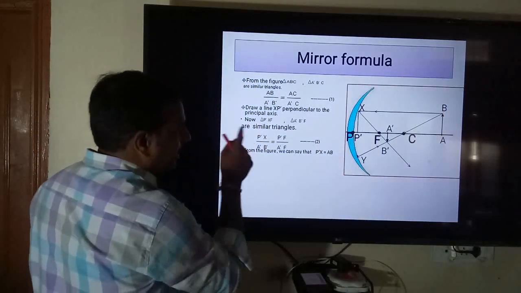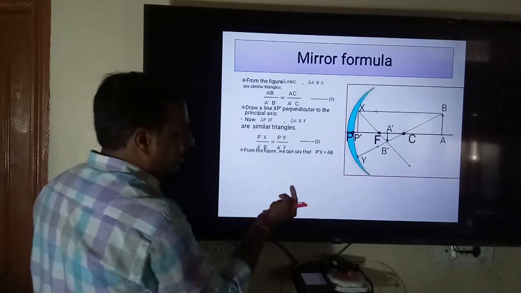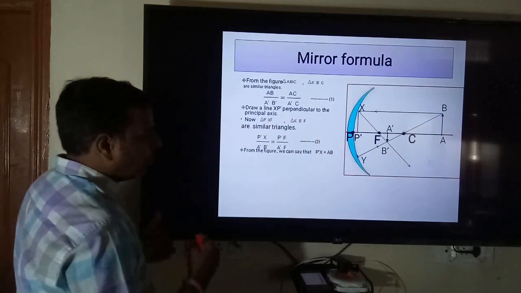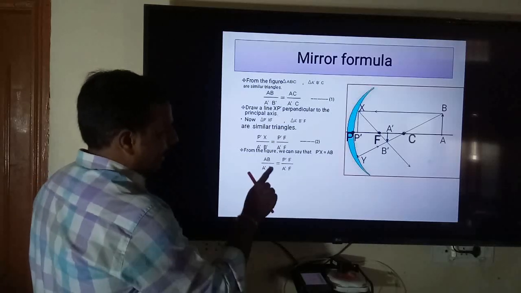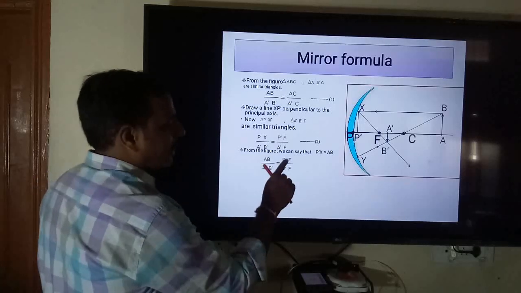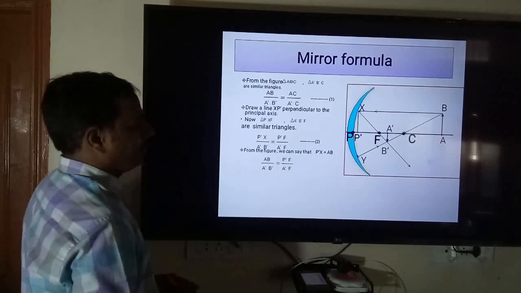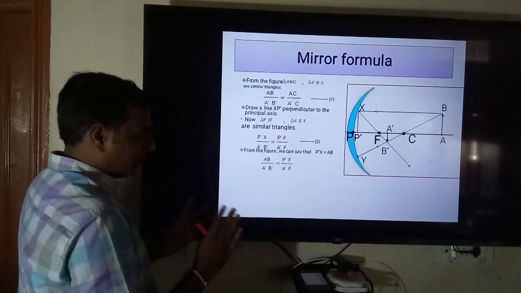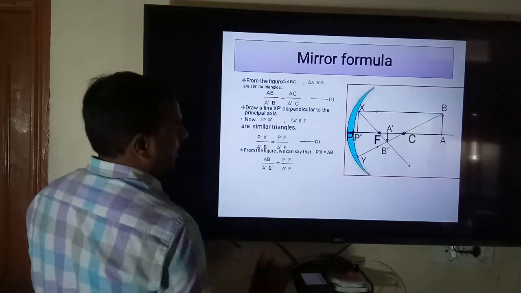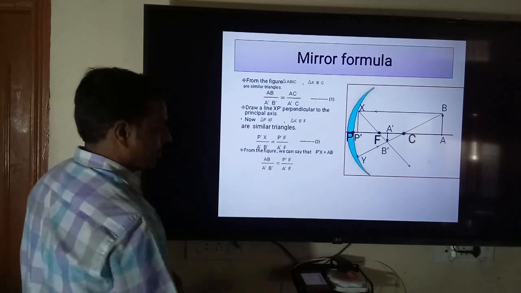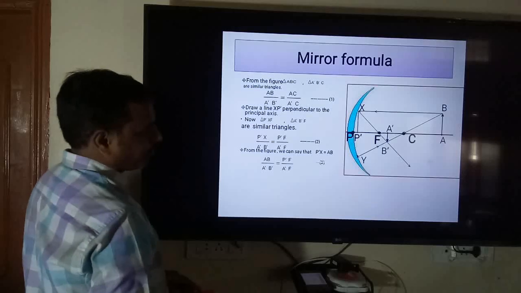So instead of P'X, I am substituting AB in equation 2. Now we get AB by A'B' is equal to P'F by A'F. This is equation number 3.